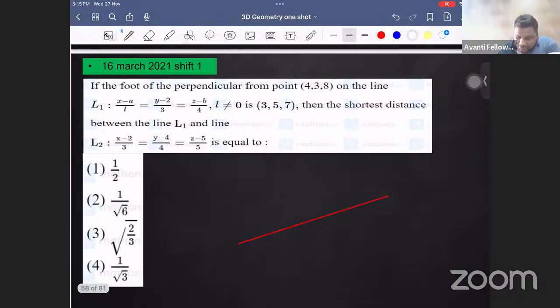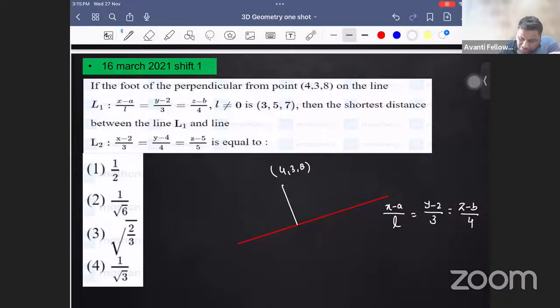Now this line is (x minus a) upon L is (y minus 2) upon 3 is (z minus b) by 4. Now there is a point (4, 3, 8) and from this point the foot of altitude on this line is (3, 5, 7). Got it?